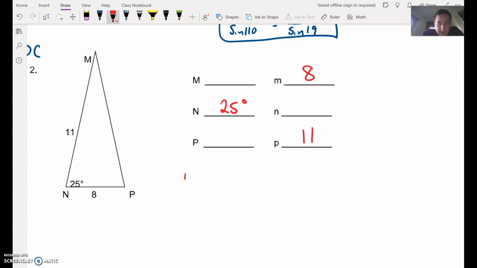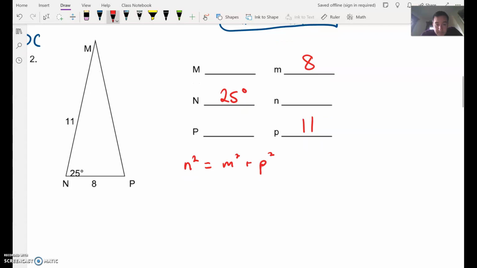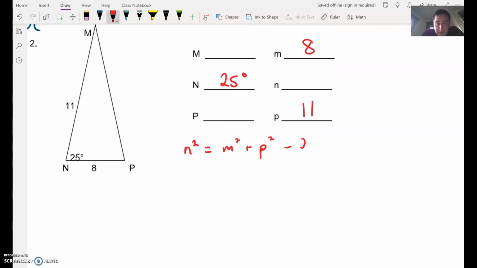N squared equals the other two squared, M squared plus P squared, minus 2MP cosine of N. We have all of this to fill in except for the front part.